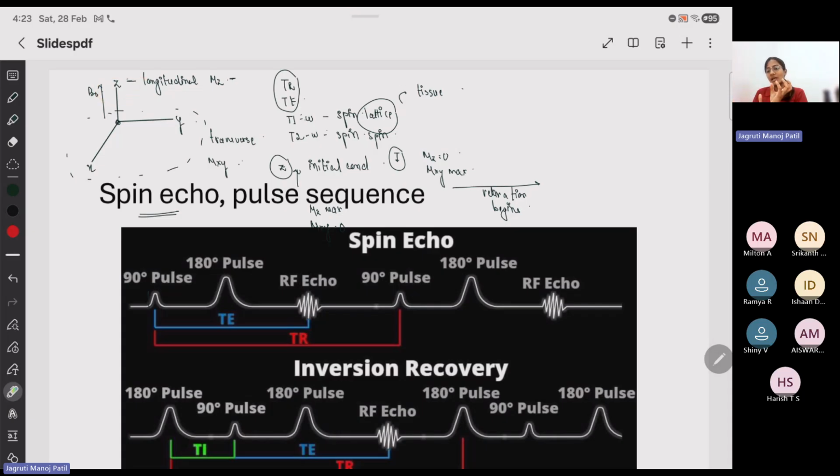So all of them will inherently, naturally try to go to that point and recover themselves. When they do that, we call that process T1 relaxation. This relaxation is nothing but the recovery to the maximum state where they were previously, the recovery of the longitudinal magnetization that you had with respect to the tissue microenvironment.